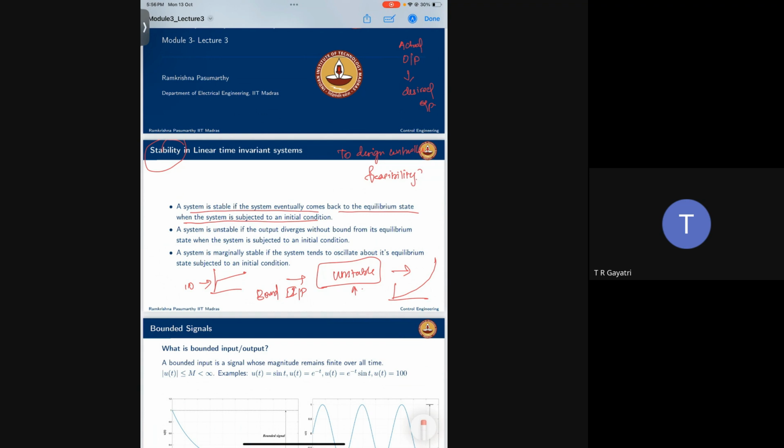Between these two, stable and unstable, there is the marginally stable case. For marginally stable, we cannot decide whether it is stable or not, but we can say at least for this time it will be stable. We define it using the S domain, with real part and imaginary part.